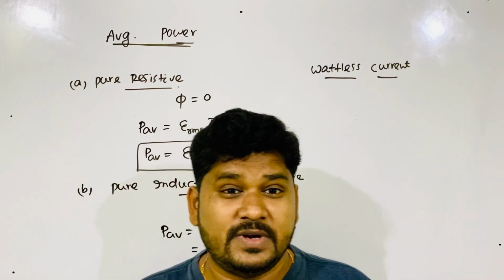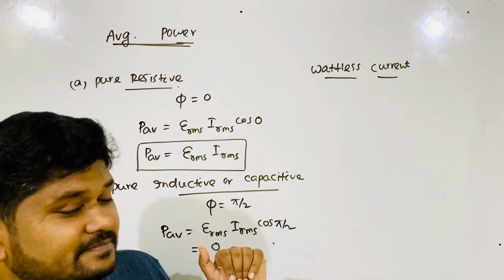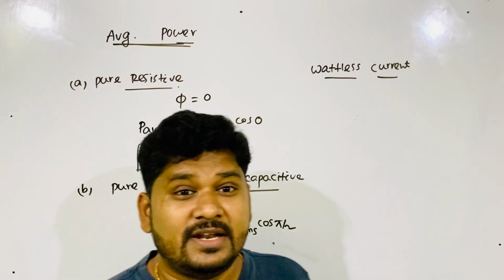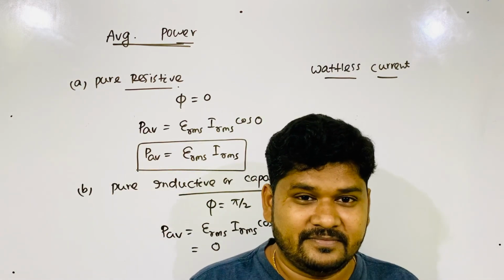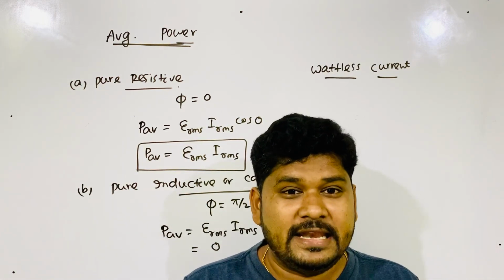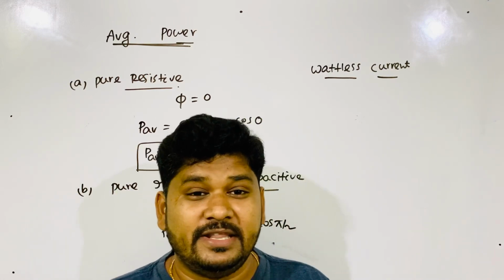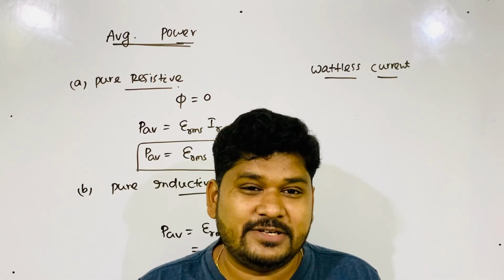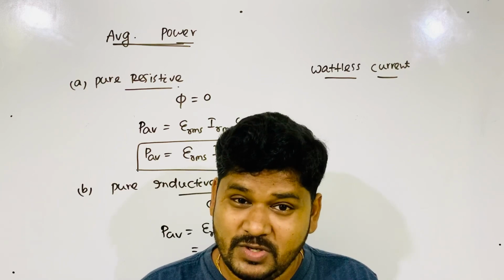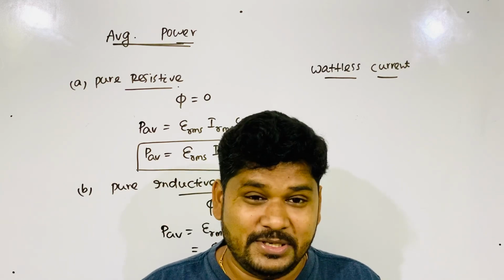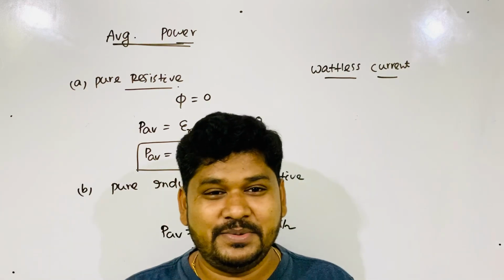But if you connect an inductor or a capacitor, then no electric bill is required to pay for them. So they are good devices. They will not create problems for you.